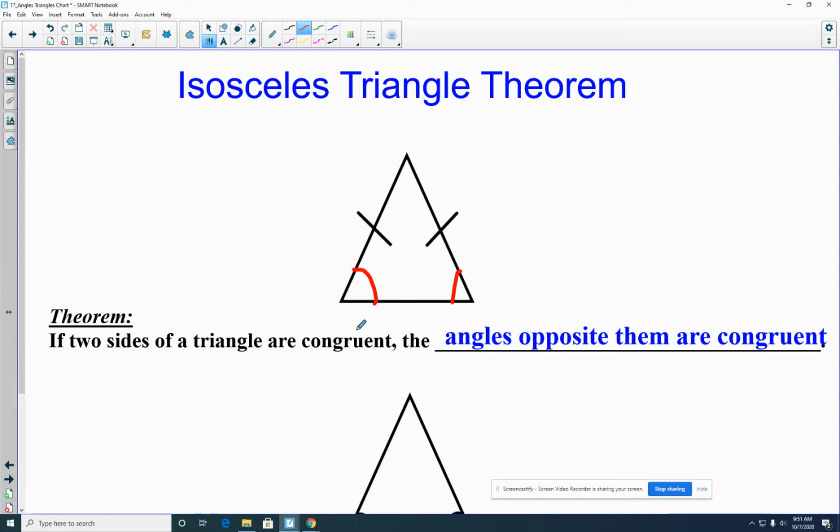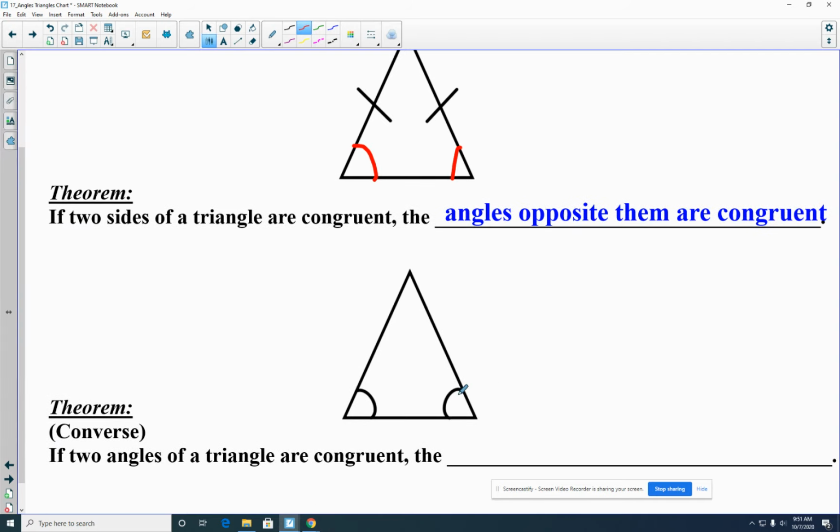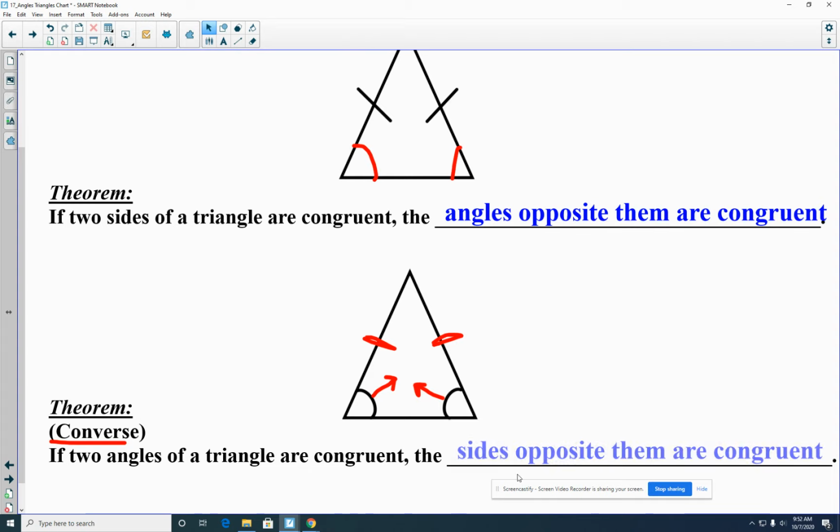Now, if I take this theorem and I flip it around, meaning if I talk about having equal angles, I also have equal sides. So this angle would shoot across to this side, and this angle would go across to this side. So the converse, taking this theorem and flipping the order, states if two angles of a triangle are congruent, the sides opposite them are congruent. Okay, that's known as the converse.